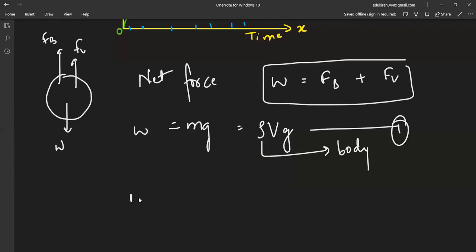Coming to buoyant force, this is equal to V sigma g, where sigma is the density of the liquid. And viscous force, since we are talking about a spherical body, why use the generalized formula when you already have Stokes law: 6 pi eta r v.